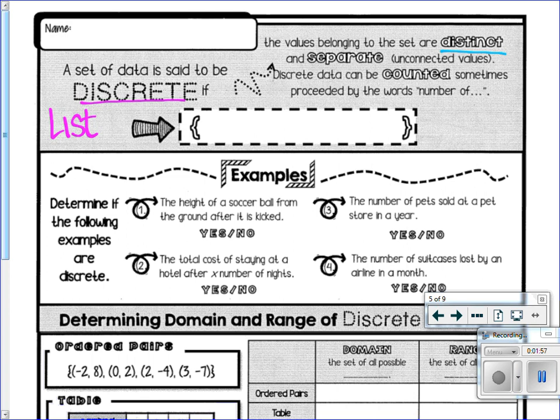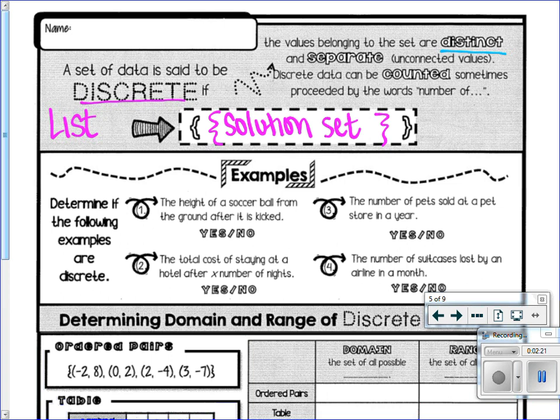We kind of did this already. Do y'all remember when we talked about those brackets? That's called a solution set, and that's what we put around our list of things. Inside of those brackets is where we're going to put the list of the x values and the list of the y values.